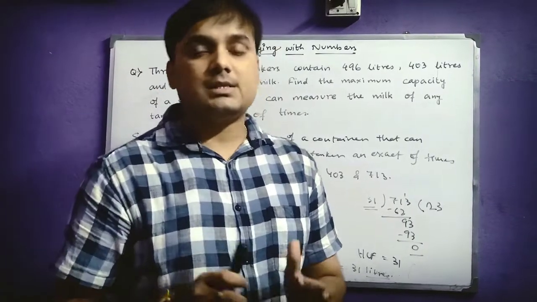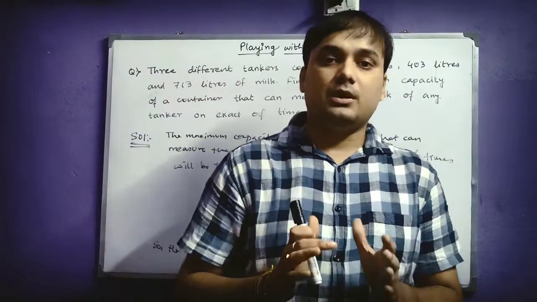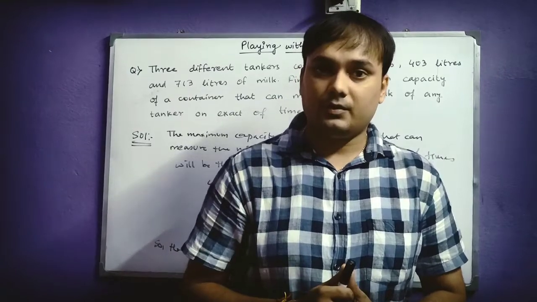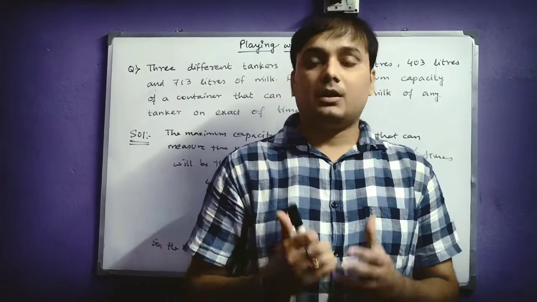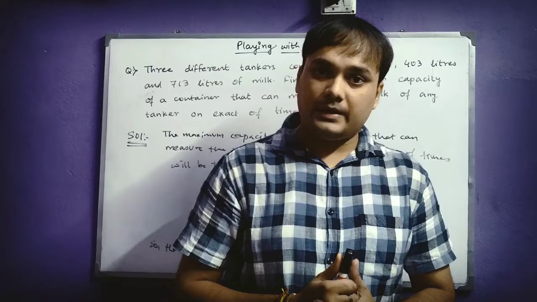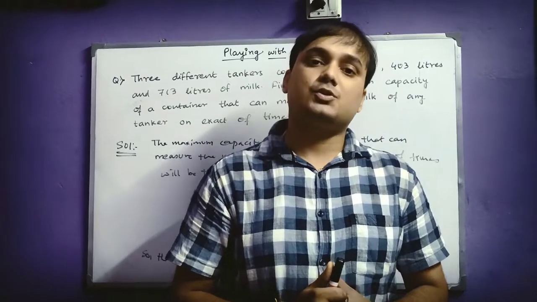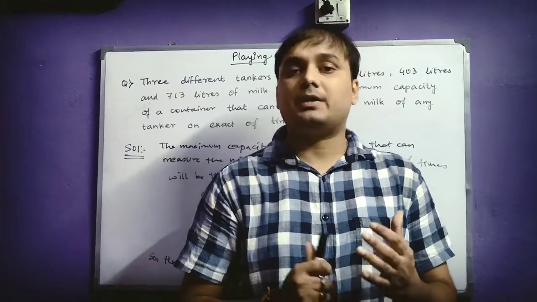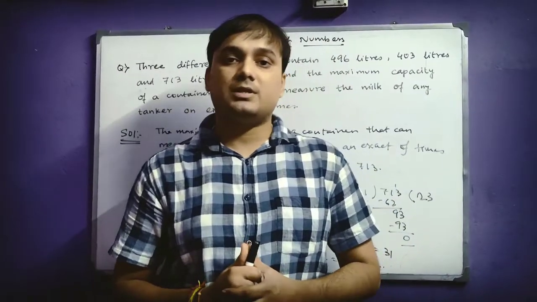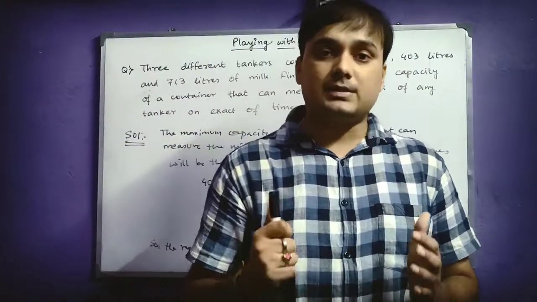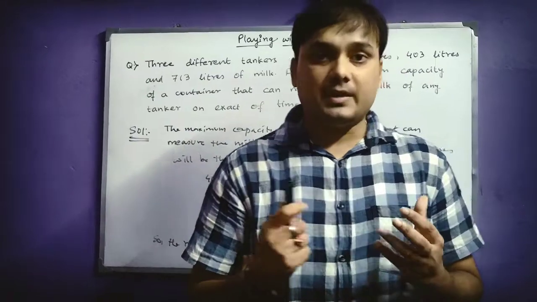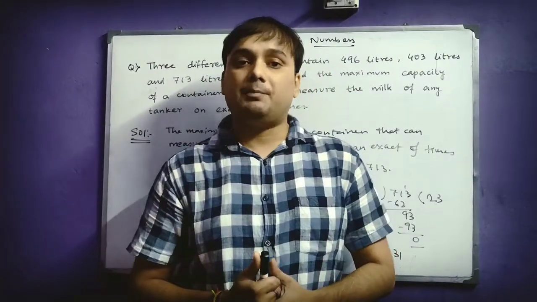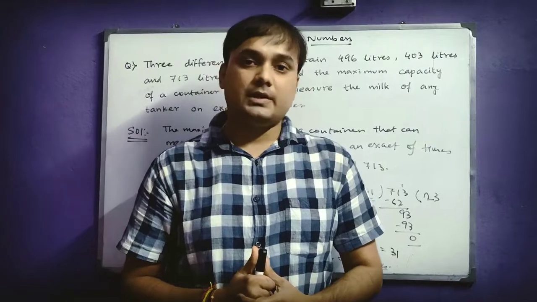In this explanation video, we understood the basic concept of HCF, we also understood the different ways of finding the HCF, and then we solved one word problem related to HCF. Students, I hope you have all understood this very nicely, and all these basic methods will help you to solve the different questions in your exercise.